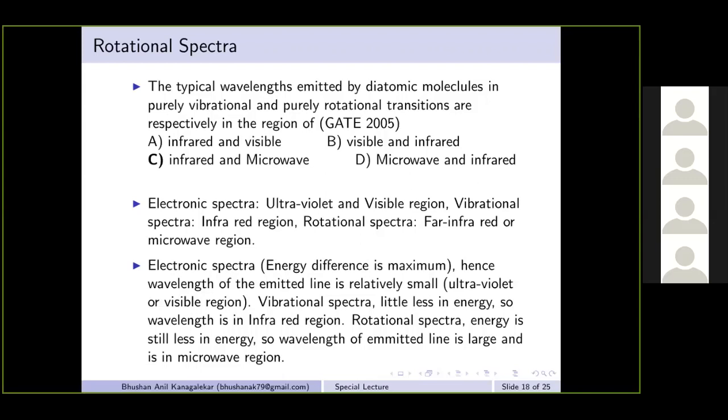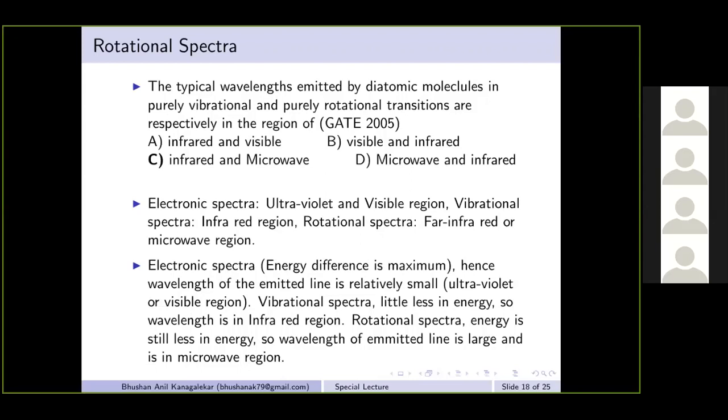Then I have written down: electronic spectra is ultraviolet and visible region, vibrational spectra infrared region, rotational spectra far infrared or microwave region. What is the logic behind this conclusion? For electronic spectra, if I take the hydrogen atom, 13.6 electron volts and 3.4 electron volts, the difference between them is a maximum when we compare electronic, vibrational and rotational.